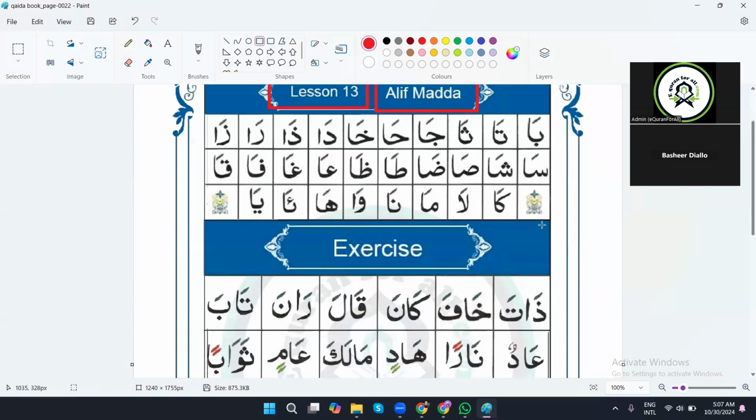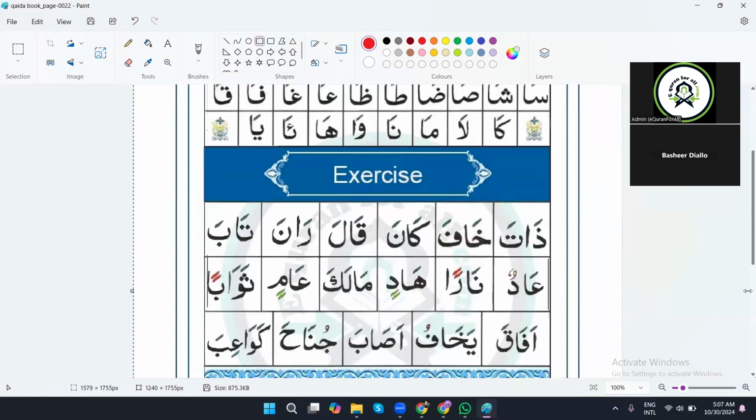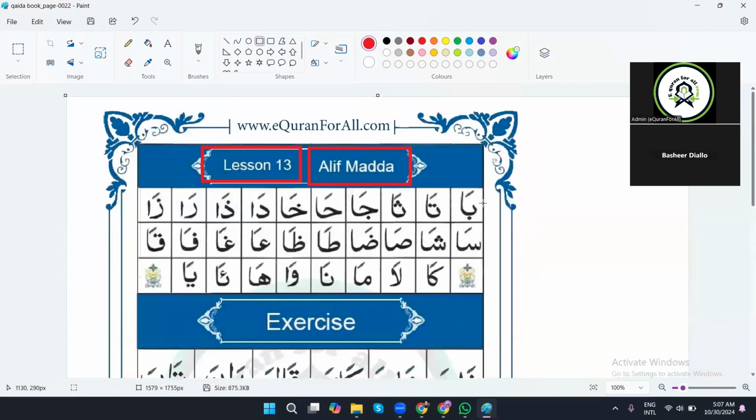Understood? Yes. So now we have Alif Madda. The definition of Alif Madda is when Alif has no sign and the letter before Alif has Fatha. I repeat, when Alif has no sign. No sign means there is no Fatha, no Kasra, no Dhamma.